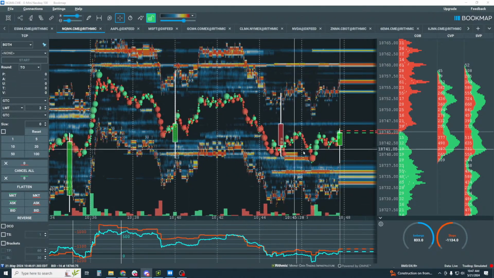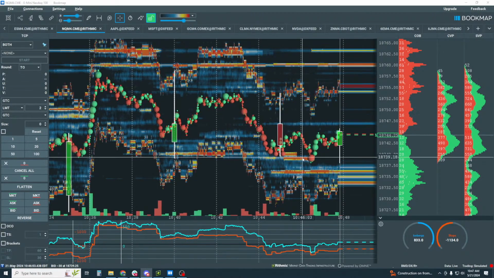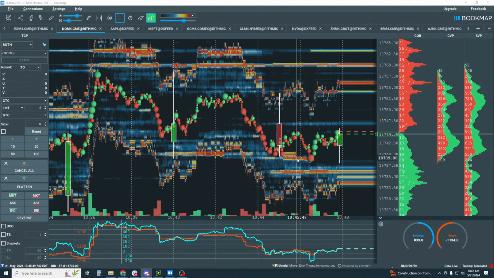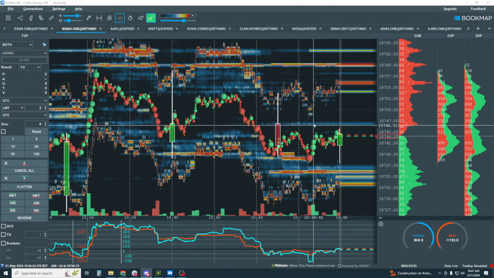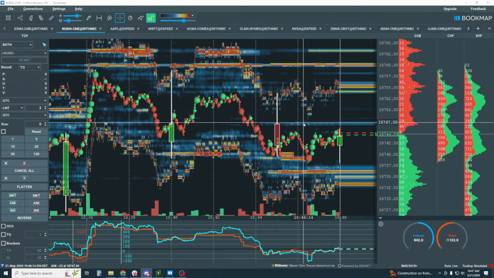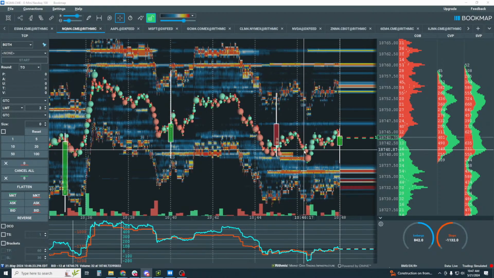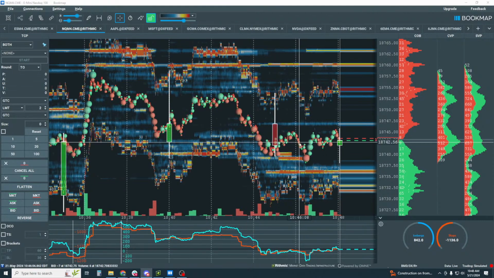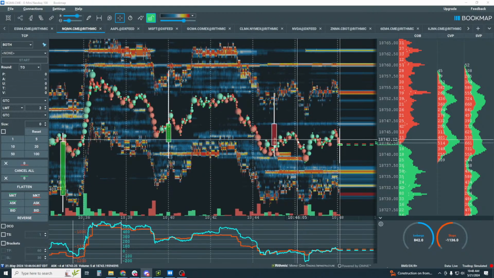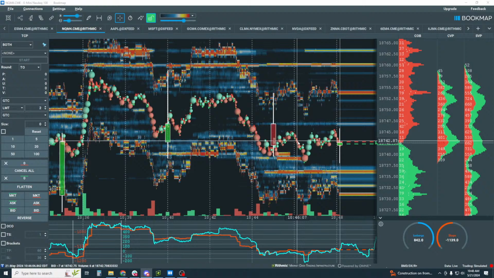Okay, so if we didn't see high liquidity here, and we saw it lower, and we saw maybe a wall of liquidity on the offer up here, and we saw these sellers come in, we're looking for these sellers to take it down and break it, and then we would look for a potential sell position.